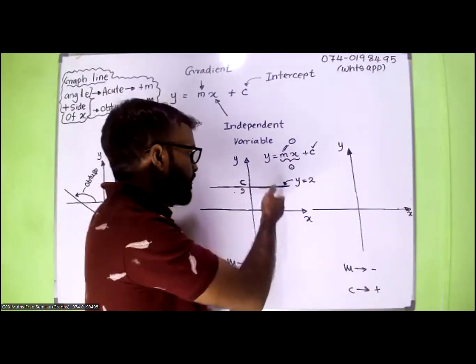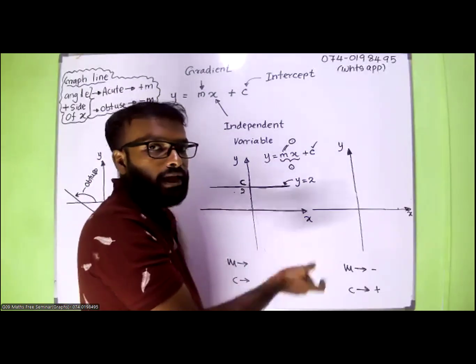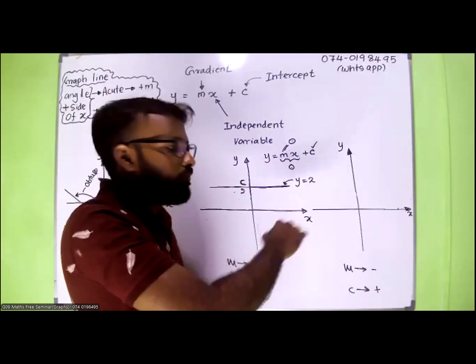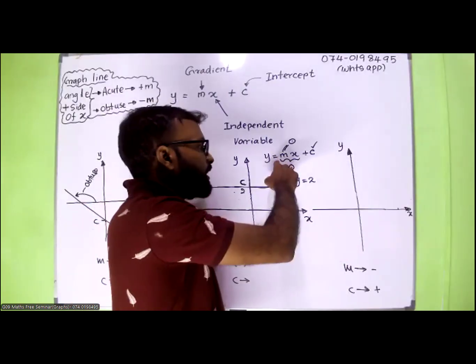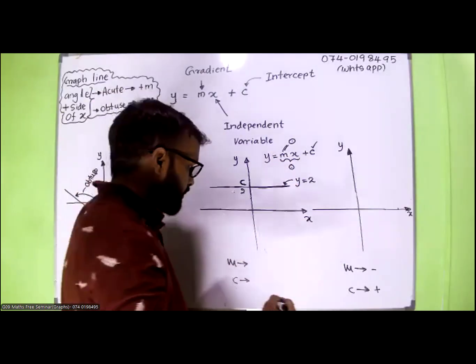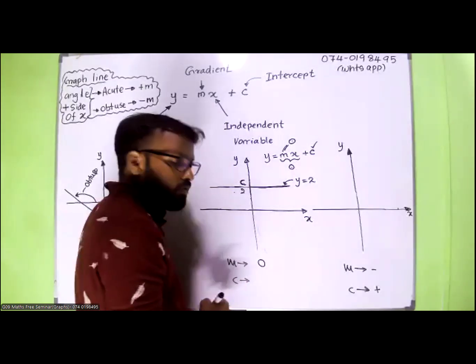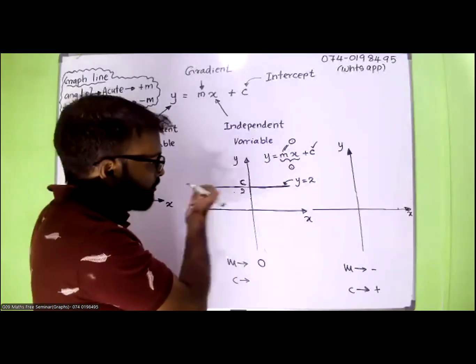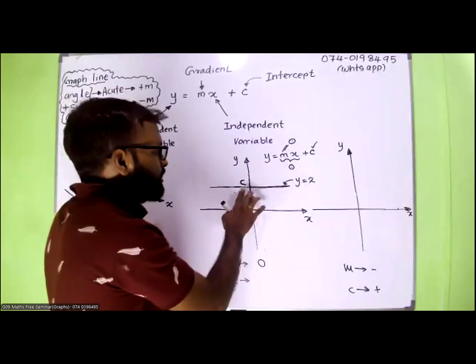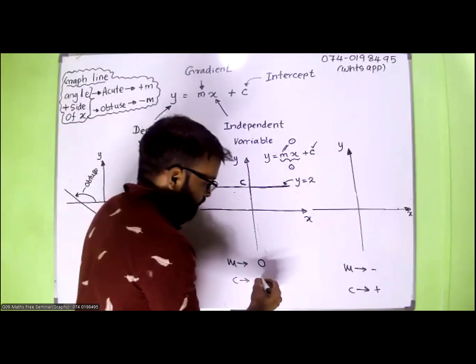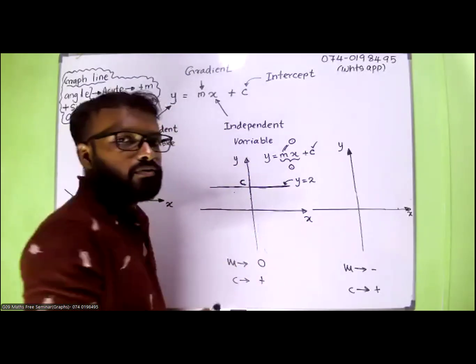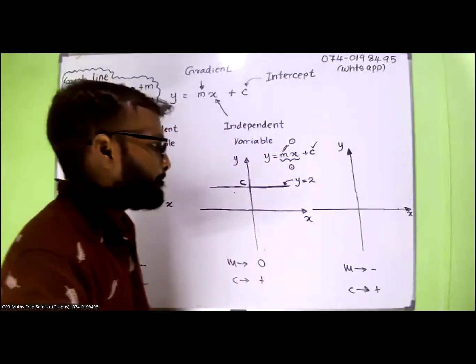The angle is 0, flat. So gradient becomes 0. What can you say about c? The line crosses the y-axis. It is positive.